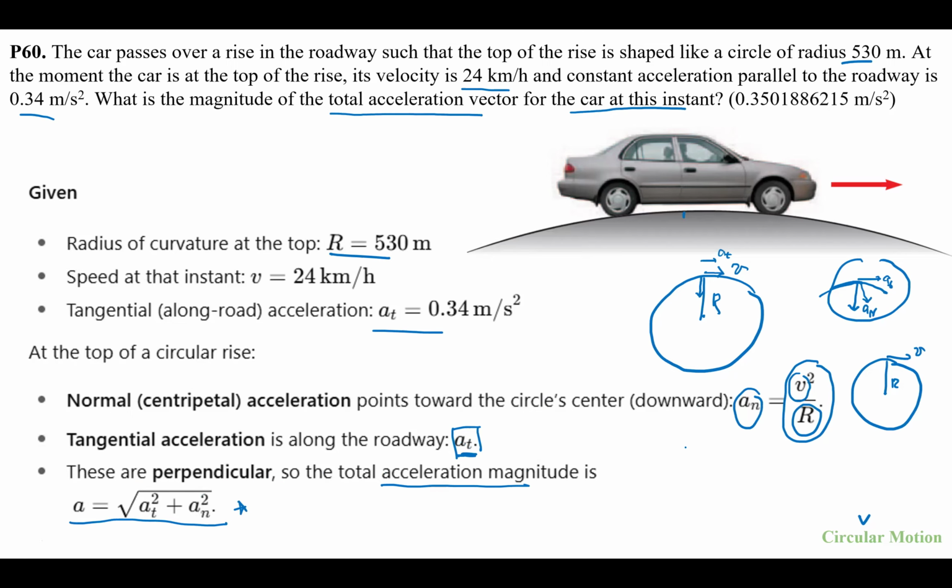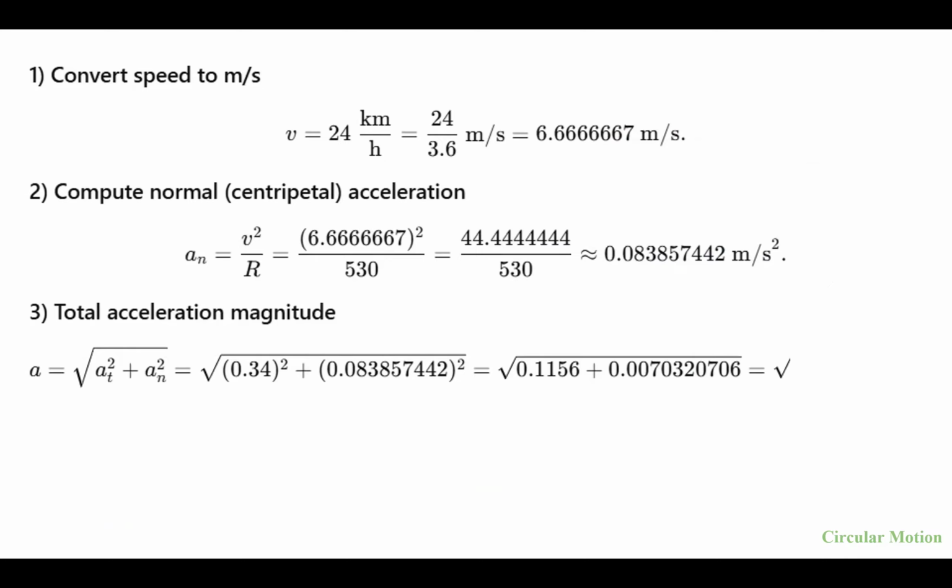The R and V are given so that we know an. At is already given in terms of a number. So we all know that. Then we can find out the accelerations here. So total acceleration is given by this one. And then you can do the numerical calculation by yourself.